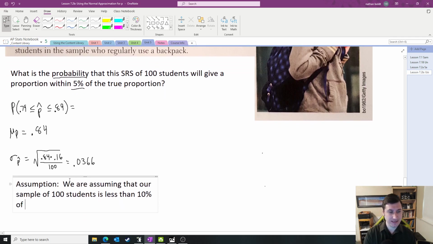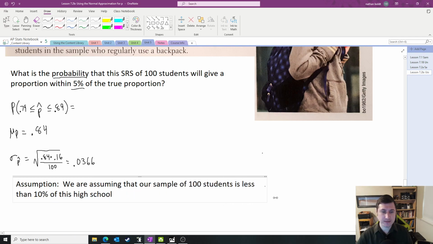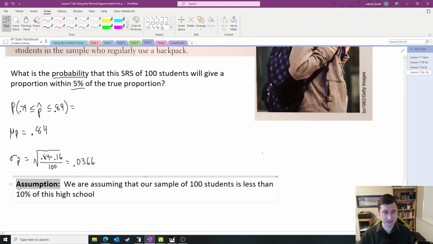Is less than 10% of this high school. Now, is that a valid assumption? Yeah, because 100 is 10% of 1,000. So is it a reasonable assumption to say that this high school is more than 1,000 kids? That's not unreasonable. Edison's like, what, 2,500? So we're all good.